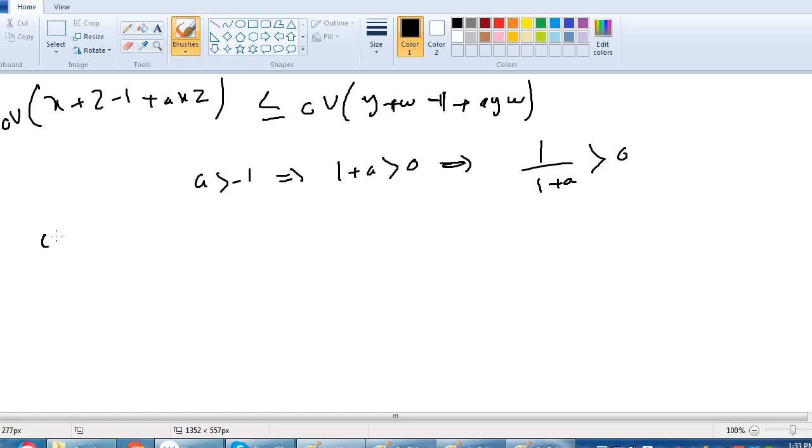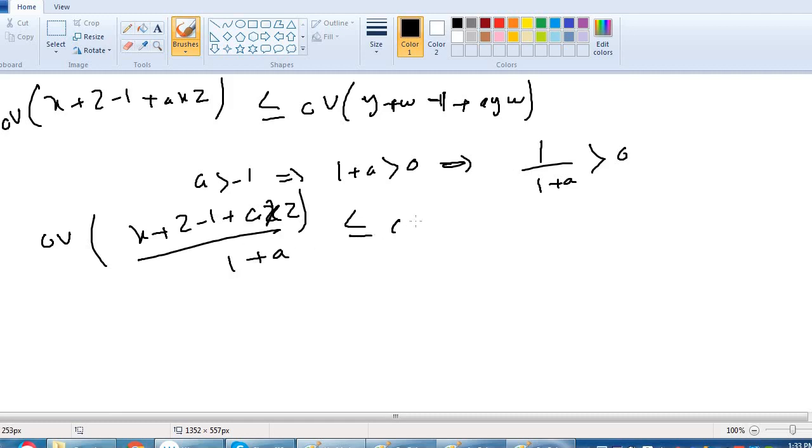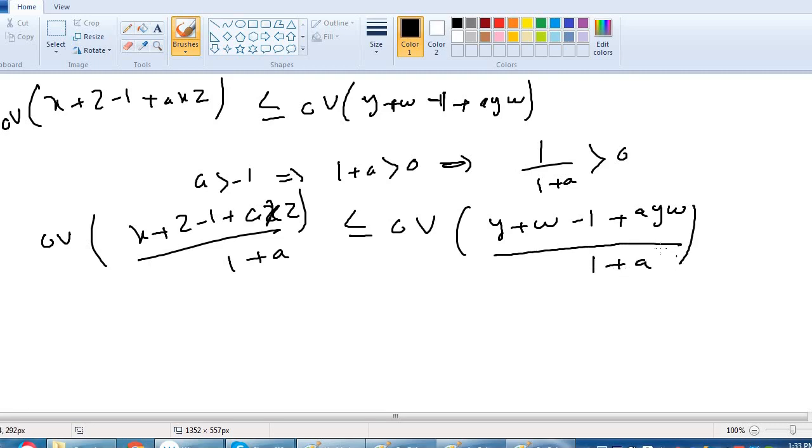So we get 0 union (x plus z minus 1 plus axz) whole divided by 1 plus a is less than or equal to 0 union (y plus w minus 1 plus ayw) whole divided by 1 plus a.